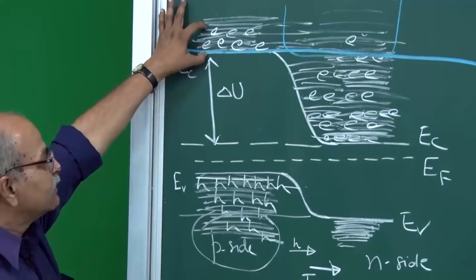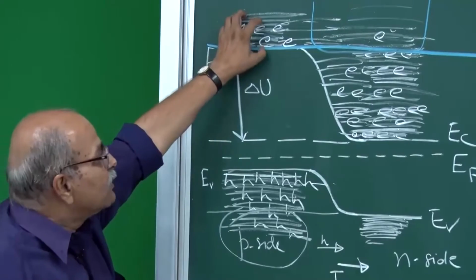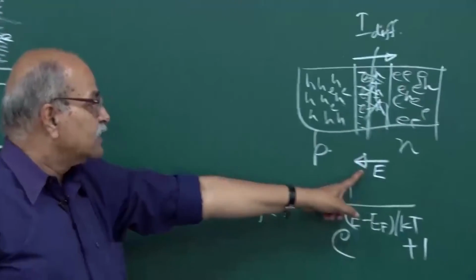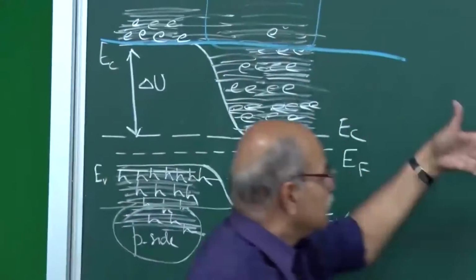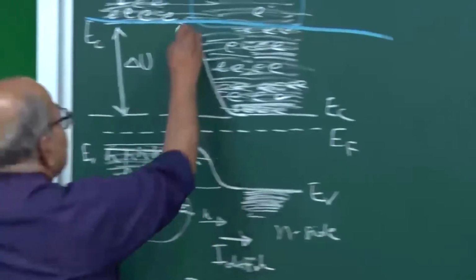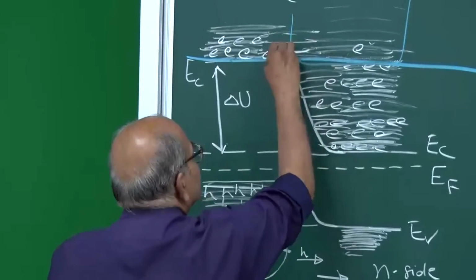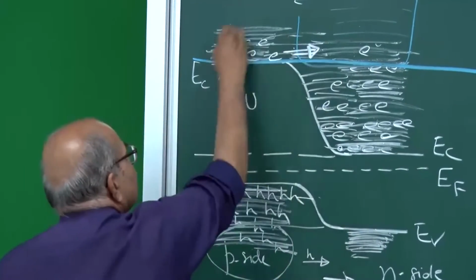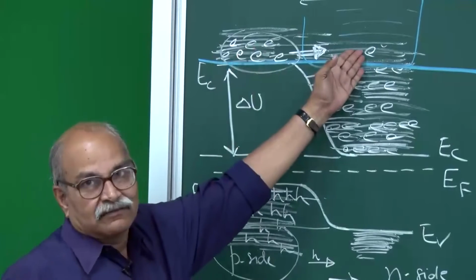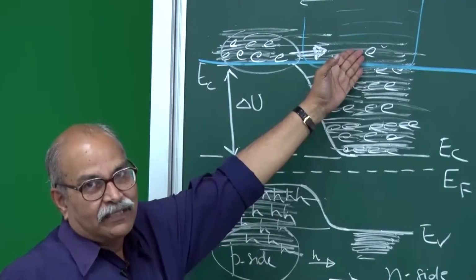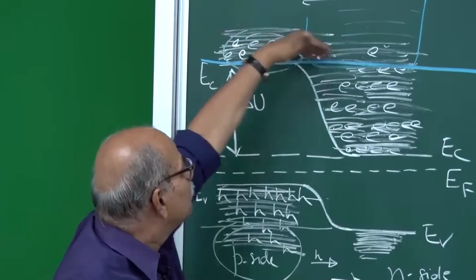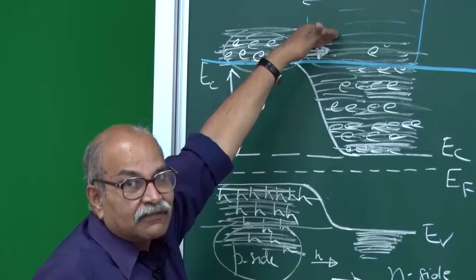These are the minority carriers. Because of this electric field, these electrons will tend to go towards the n side, in this direction, and there is no barrier. They can very easily go. This electron can go, this electron can go, everything can go.